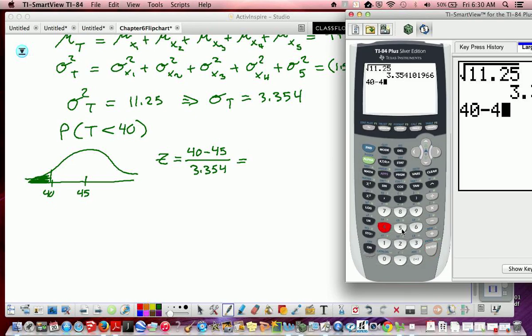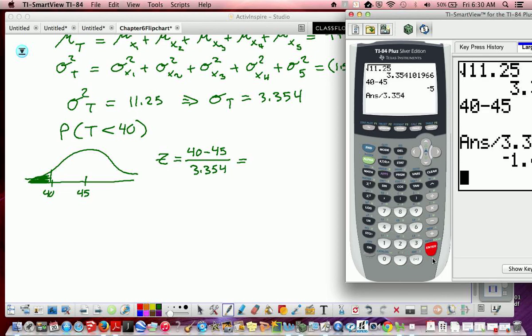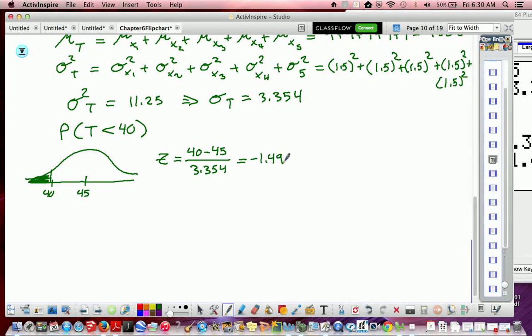So when I go to calculate that out, 40 minus 45 divided by 3.354, and I get negative 1.49. So I'm really looking at the probability that my z-score is less than negative 1.49 standard deviations away.